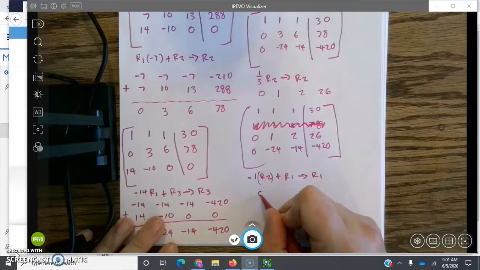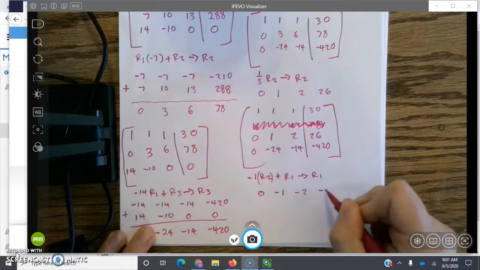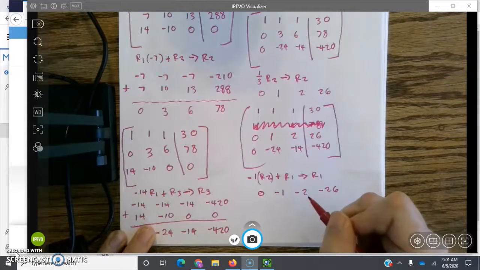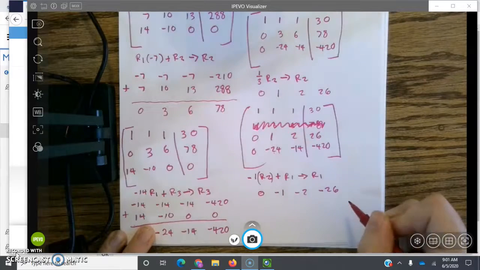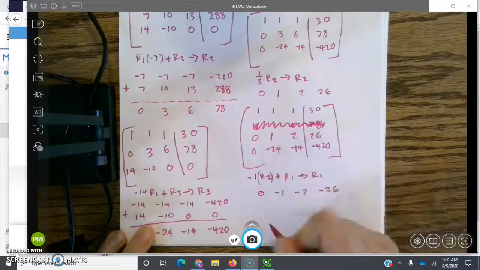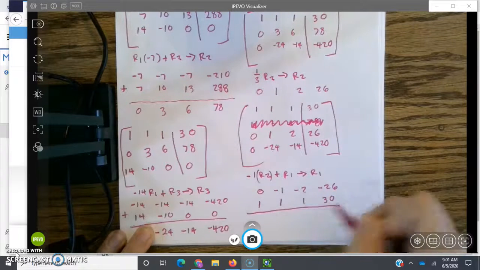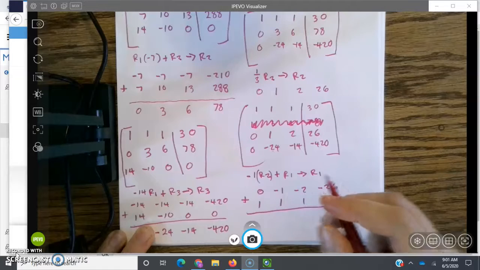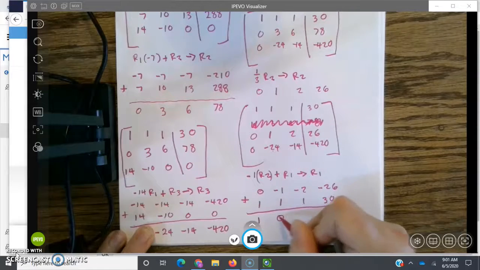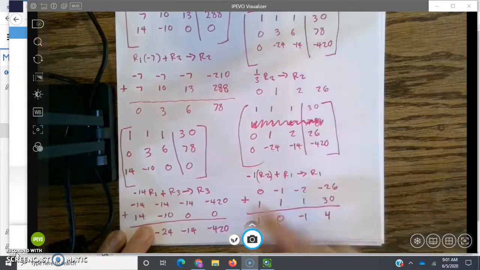We have 0, -1, -2, -26. So that was negative row 2. And then row 1, 1, 1, 1, 30, and we add them together, and we get 1, 0, -1, 4. And that's going to go in for row 1.